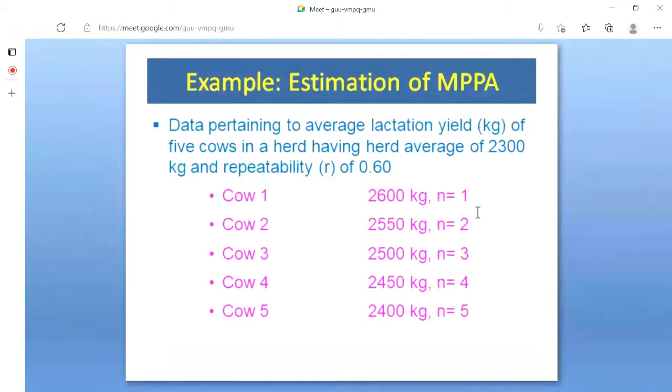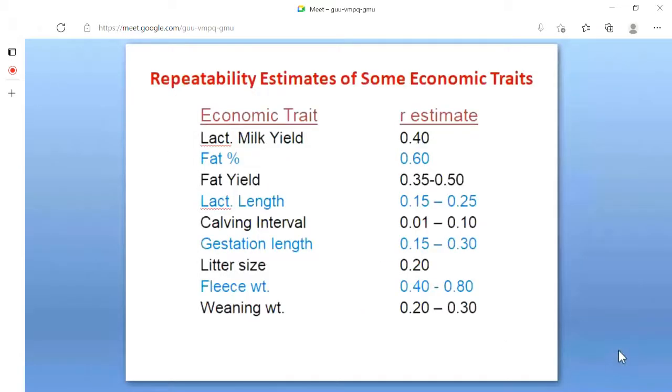But as you increase the number of measurements, the accuracy of the prediction will increase. The estimation of MPPA will increase. So these are some of the uses of repeatability.